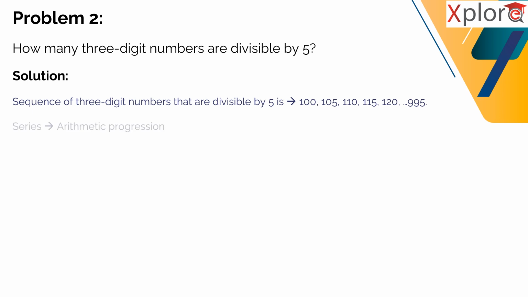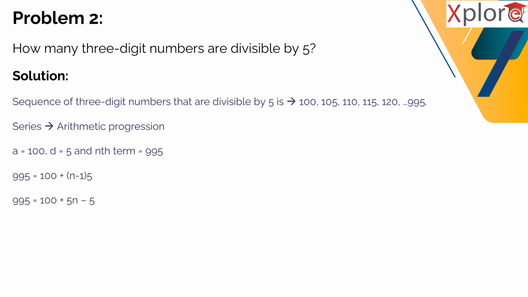Now if we observe, the series is in arithmetic progression where the first term a is 100, the common difference is 5, and the nth term or last term is 995. Using the formula, we can write 995 is equal to 100 plus (n minus 1) into 5.